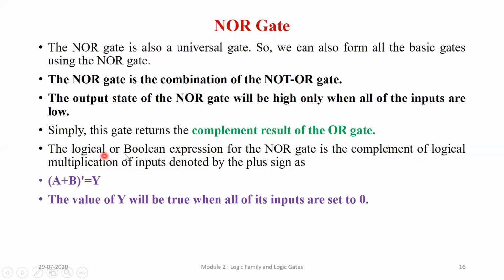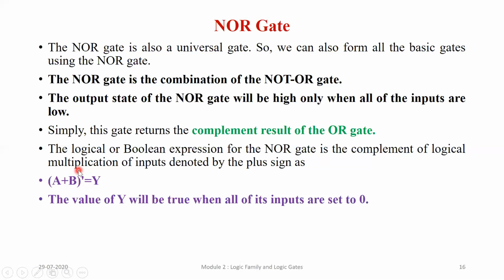If I want to write the logical or Boolean expression for a NOR gate, all these expressions are important. We call it the logical operation or the Boolean expression. It is the opposite of the OR operation. OR was A plus B, and the whole thing is complemented. Please don't forget to put the bracket.